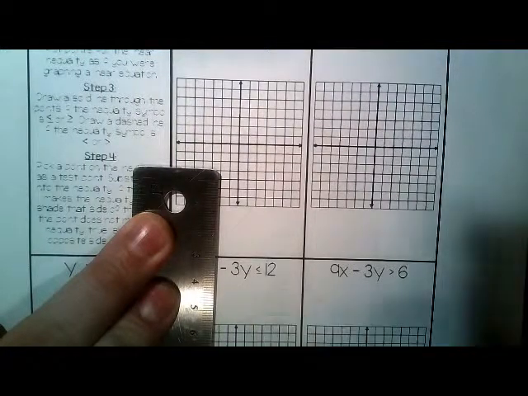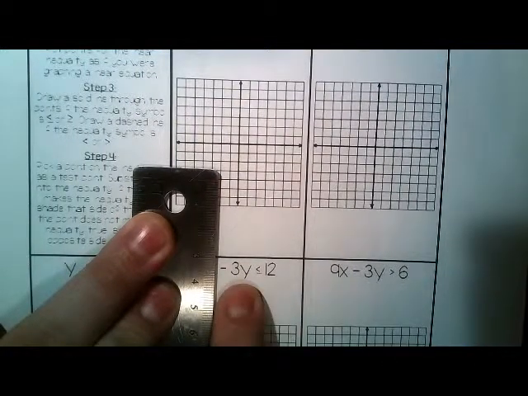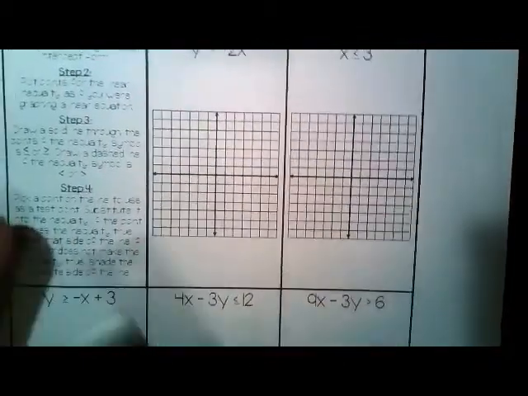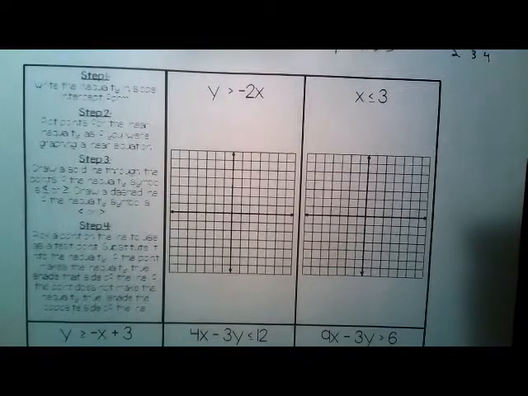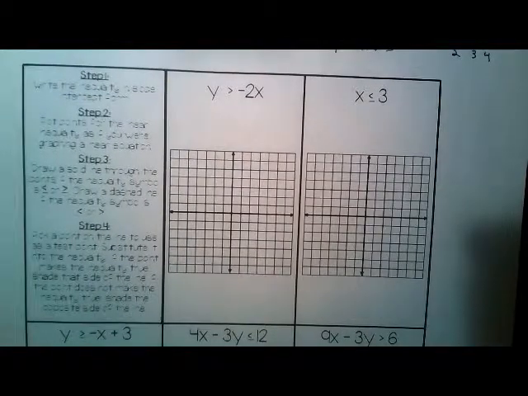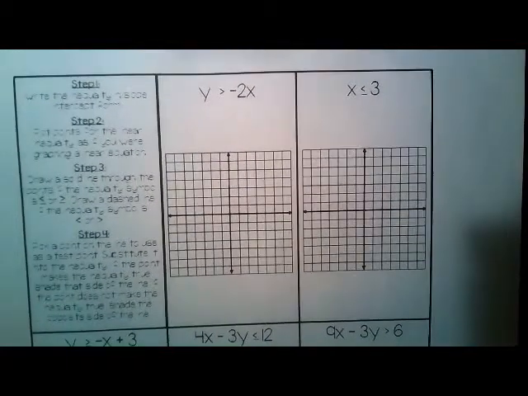And then what do you do? If your y is a less than, but your x is a greater than, then things start to get confusing. So we're going to make sure that they're in slope-intercept form first, and then we're going to graph them.